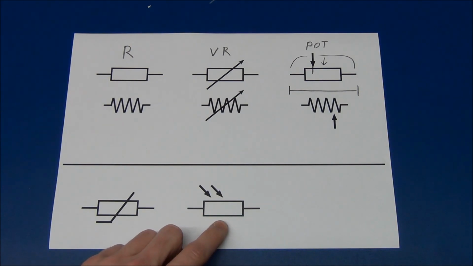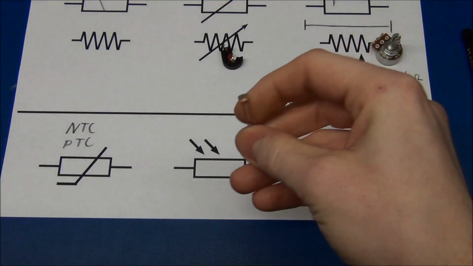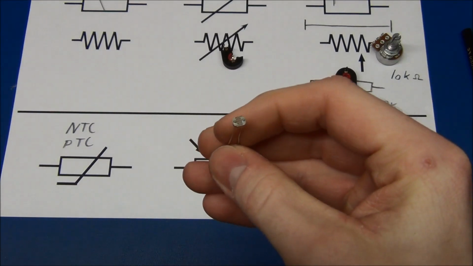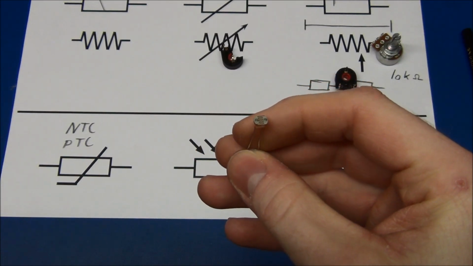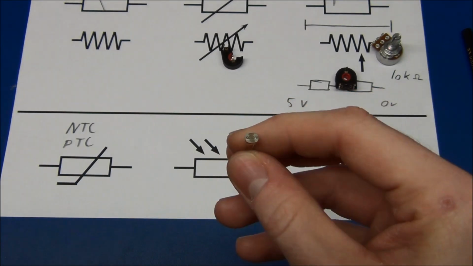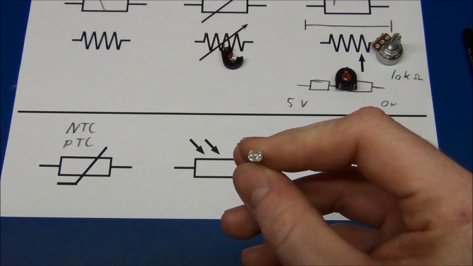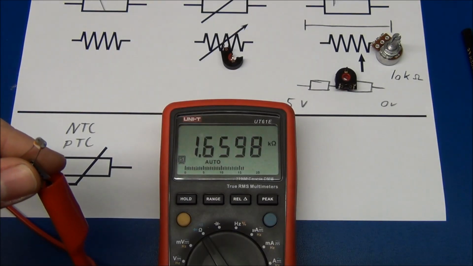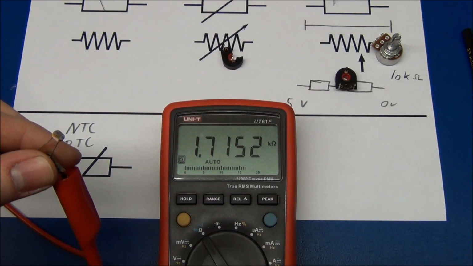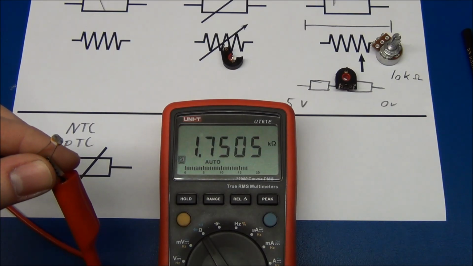And this one is an LDR, light dependent resistor. So you might not hear about LDRs very often, but they are actually very cool devices. And as the name suggests, it is dependent upon light. So if I hold it right here, it is about 1.7 kilo ohm.